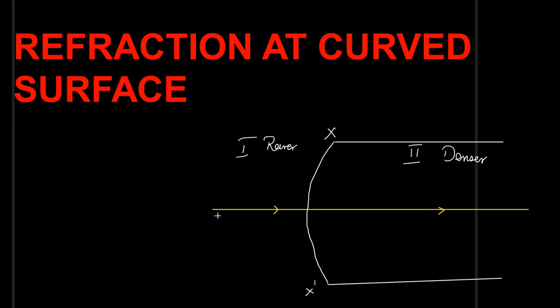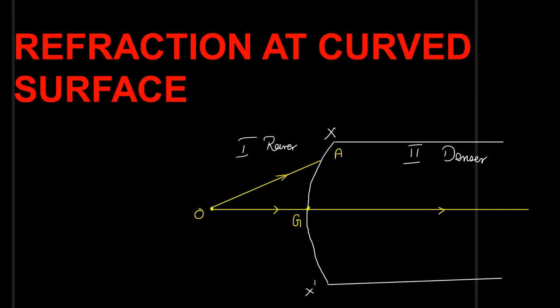Another ray, so this is the object, another ray which passes obliquely to the surface of separation is represented by OA. Let this be the geometric center of the curved surface. We will name it as G.